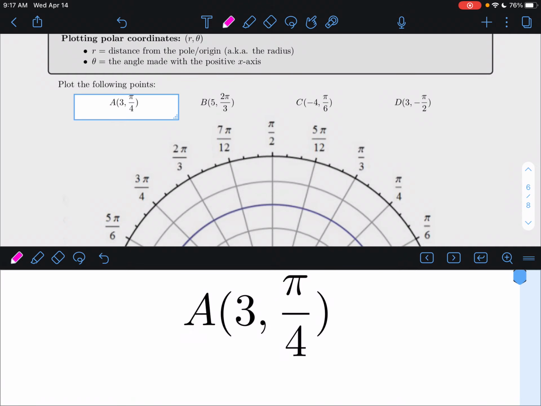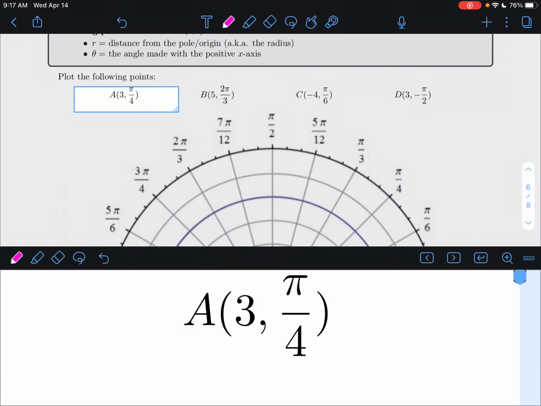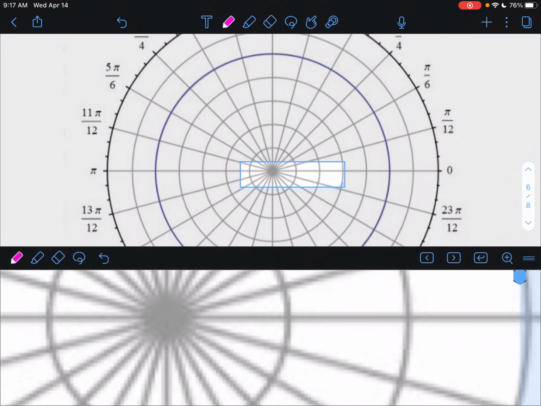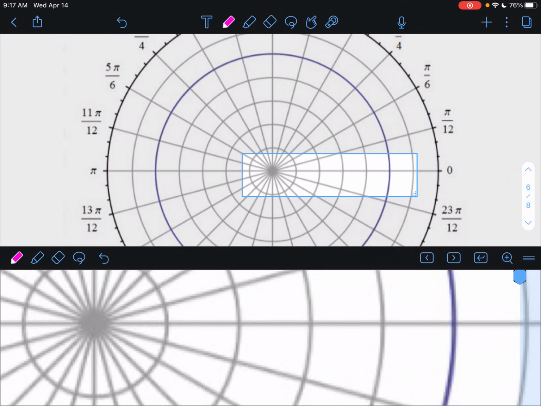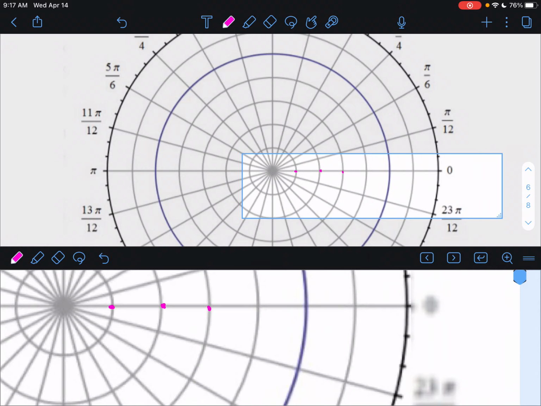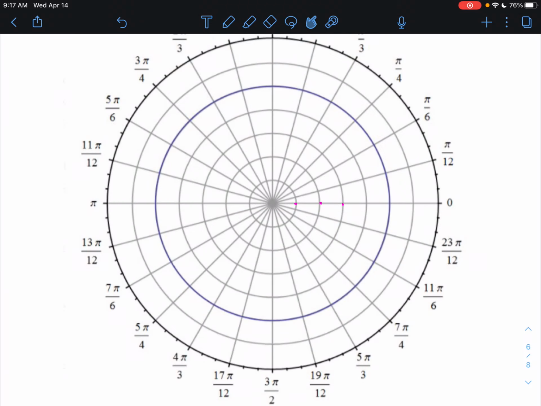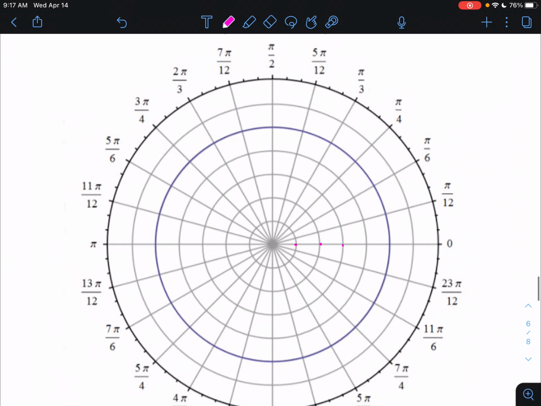So if I want to plot this point, 3, pi over 4, the 3 is my r. So I'm going to go out to 3. So I have 1, 2, 3. And then I'm going to turn this pi over 4. So let's see, pi over 4 is here.